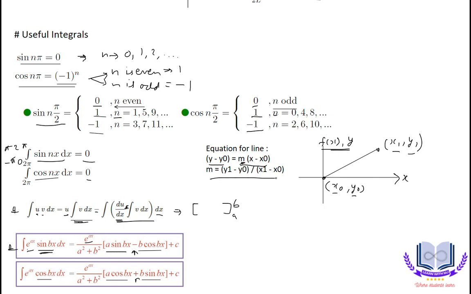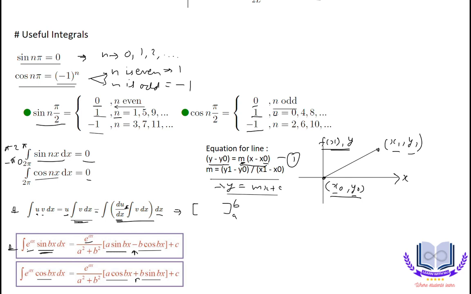When we get the value of the slope, we directly put it into our main equation, and then you choose any point as x0 and y0, like this is our x0 and y0. Simply put in the values and get the equation in the form of y is equal to mx plus b. So this will be your equation.